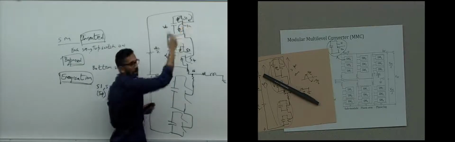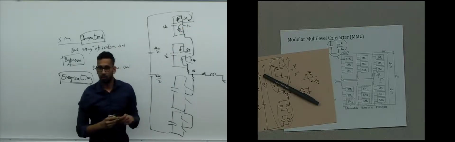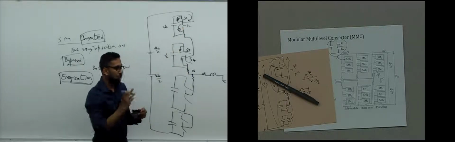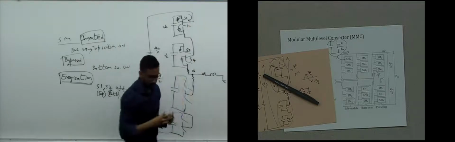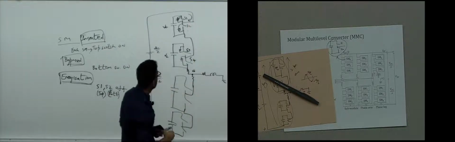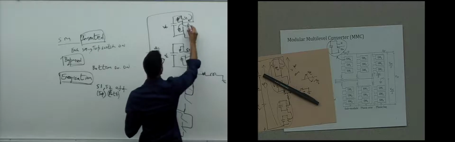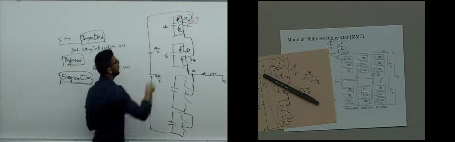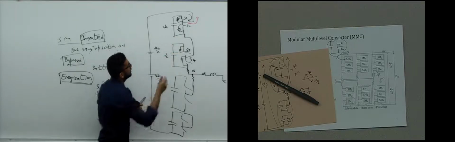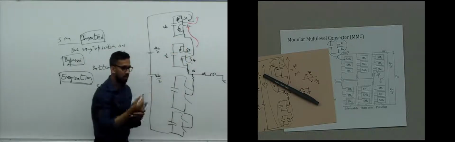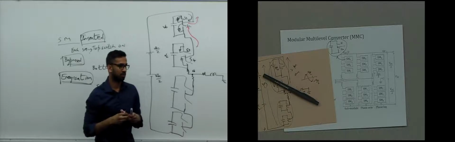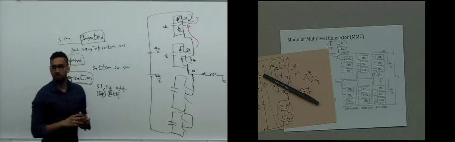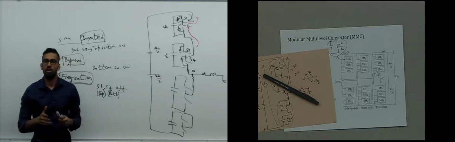When the current direction is inward like that, do you follow? So when this diode conducts, the capacitor charges. What happens when the current direction is outward? Then which diode would conduct? When both switches are off, the bottom diode would conduct, right? In that case, the current would just go like that. It doesn't involve the capacitor. So when both switches are off, none of the capacitors can discharge, they can only charge.